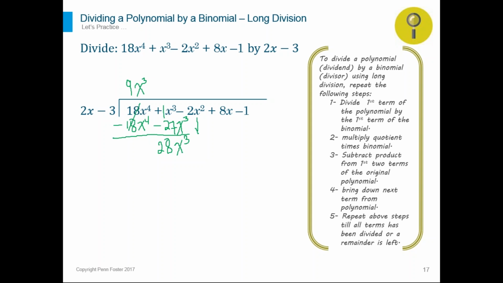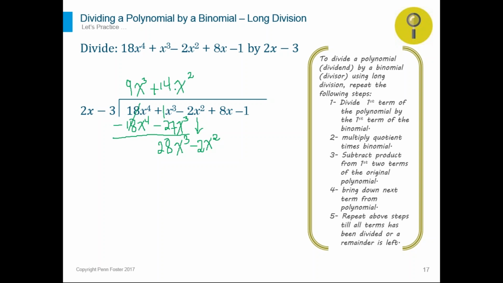Now bring down the next term. Minus 2x squared. Okay, repeat the steps. Divide. 28 over 2 will give you a 14. X cubed over x will give you x squared.